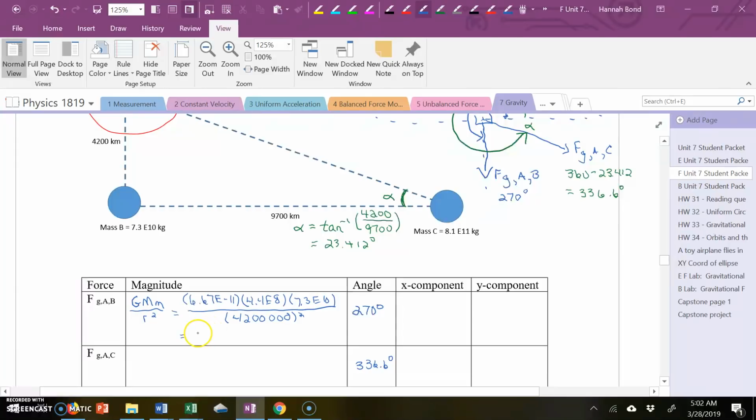So the force that B is exerting on A is 1.215 e to the -4th newtons. If I multiply that by the cosine of the angle, I'd get the x component. If I multiply by the sine of the angle, I get the y component.